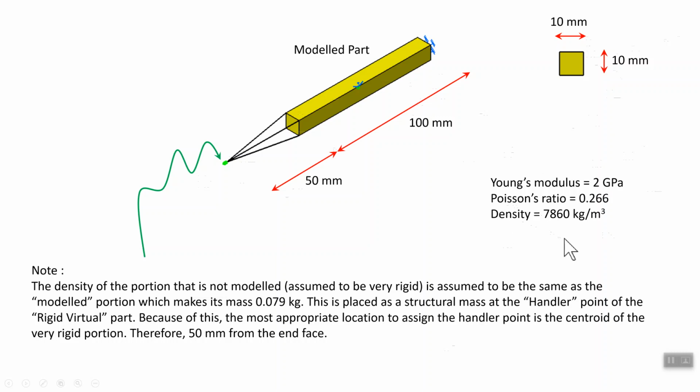Now, the weight based on this density, the mass of this piece is the piece that is ignored over here. I'm using the same density, but we're assuming it's a lot stiffer. Based on this density, the mass of the piece that we're ignoring is actually 0.079 kilogram, which incidentally happens to be the mass of this yellow one, but that's irrelevant. Okay. All right. Now, let's move on.